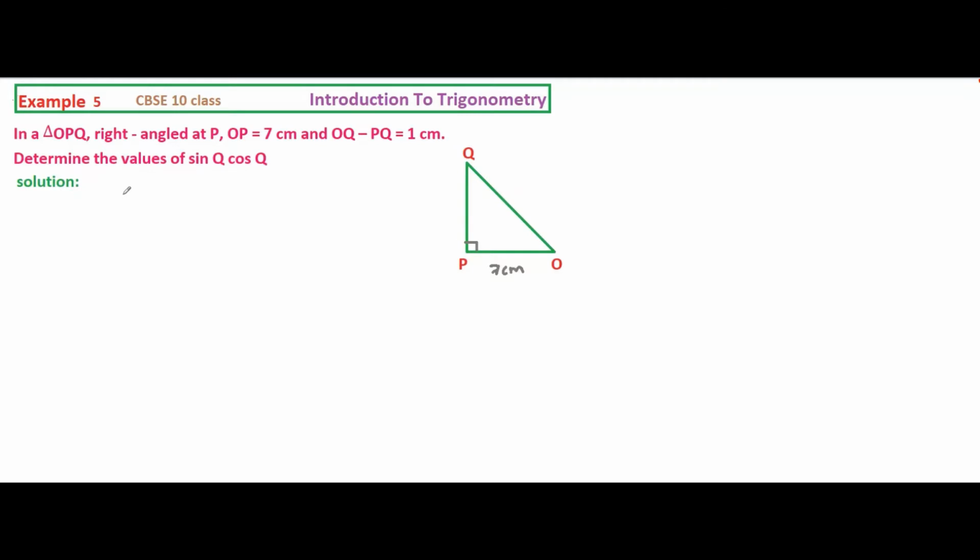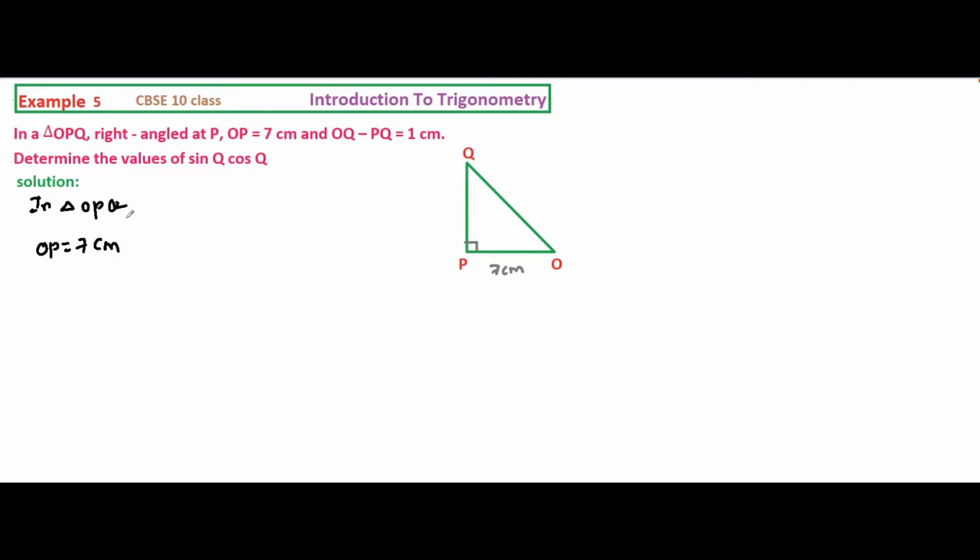Okay, so first come to the solution. In triangle OPQ, what is given here in the question? OP equals 7 centimeter, and also another one is given.